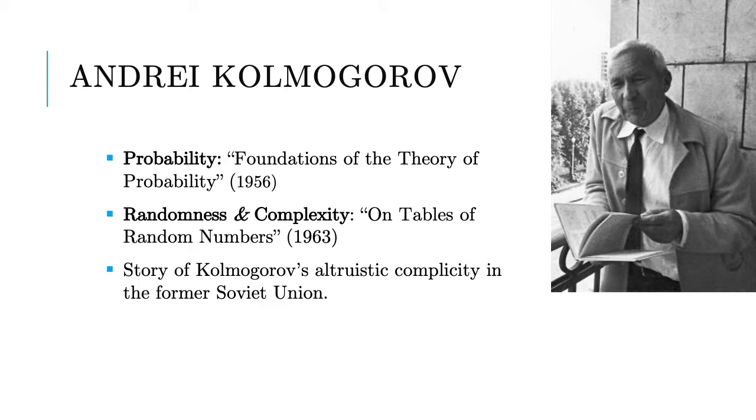For a brief potted history, it's nice to observe that Kolmogorov made enormous contributions to modern thought. His seminal text on the subject of probability is the Foundations of the Theory of Probability in 1956, but he also made extraordinary contributions to our understanding of both randomness and complexity, which is captured in his work on tables of random numbers, published in 1963.